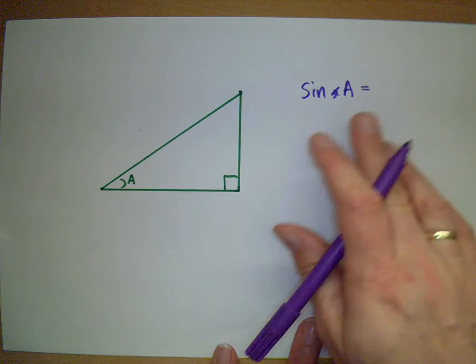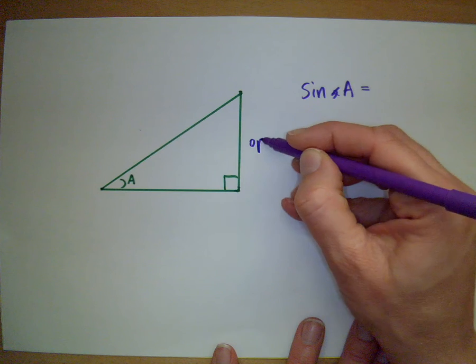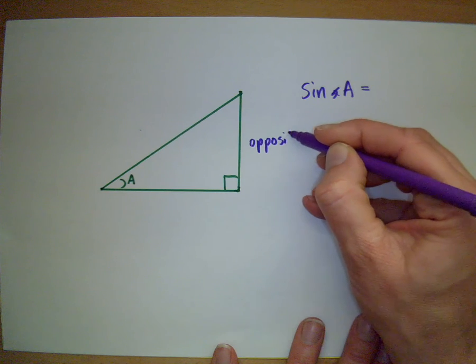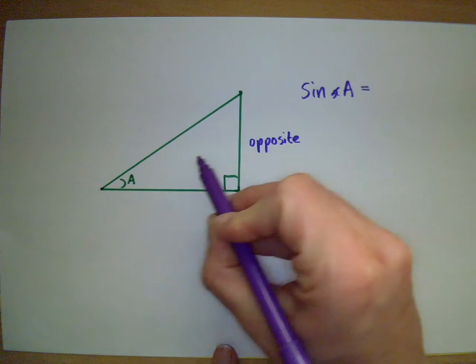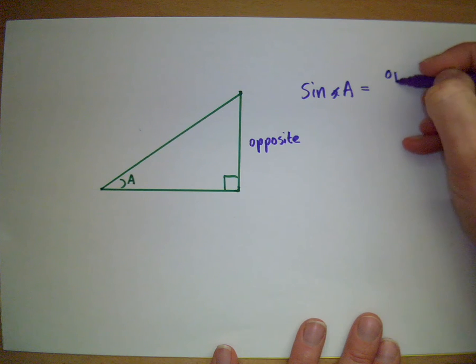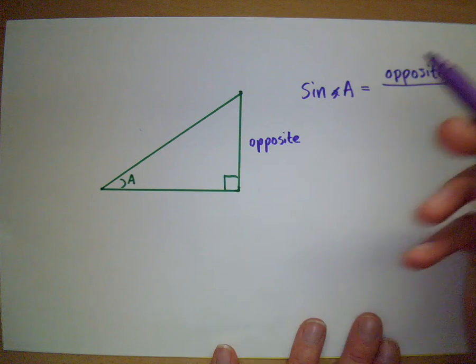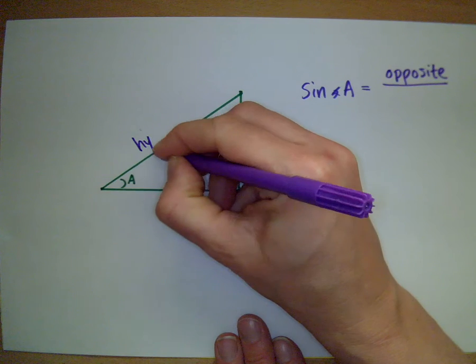In the case of sine, it's the opposite side, opposite of the angle, divided by the hypotenuse.